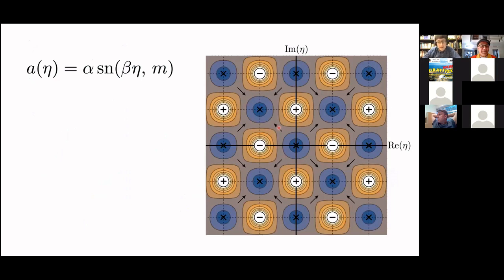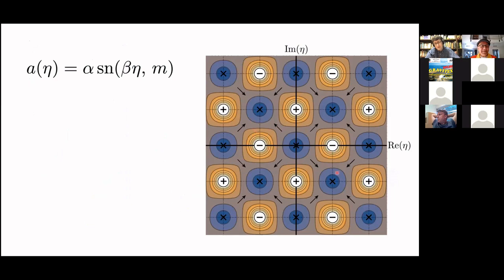So let's have a look at the analytic structure of this solution in the complex plane now. So here I've tried to show the structure in the complex plane, and you see it has this beautiful structure. In addition to the periodicity we've been looking at so far, we've been looking at a plot of this solution along the real eta axis, the real conformal time axis here.